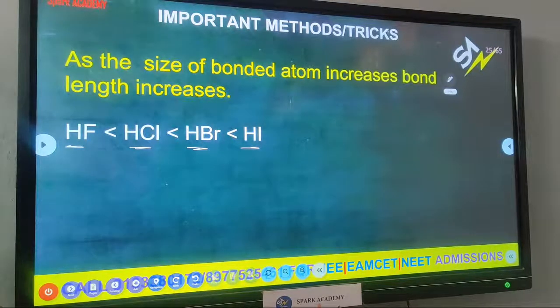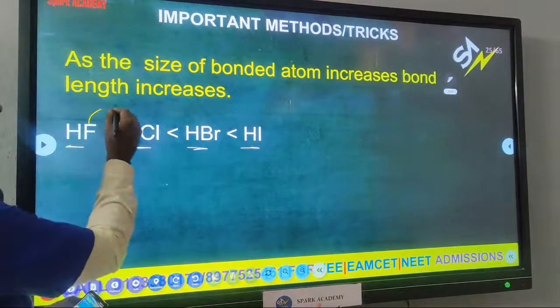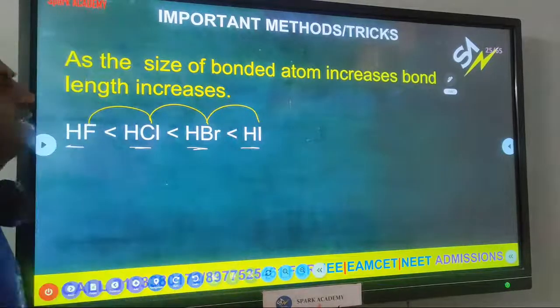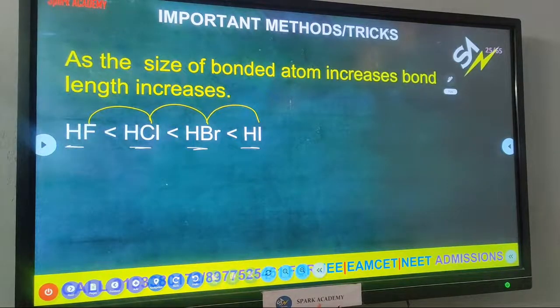Now see here, fluorine, chlorine, bromine, iodine. Which one has the largest atomic size? Iodine, because from fluorine to chlorine, chlorine to bromine, bromine to iodine, the size of the atom increases.